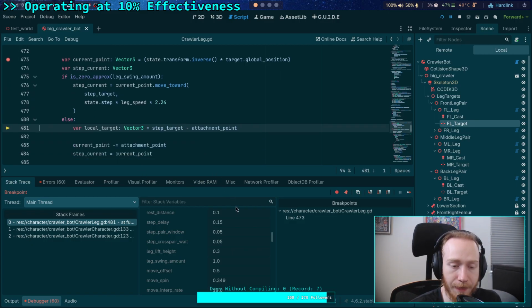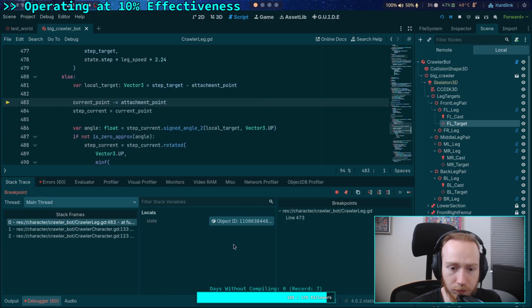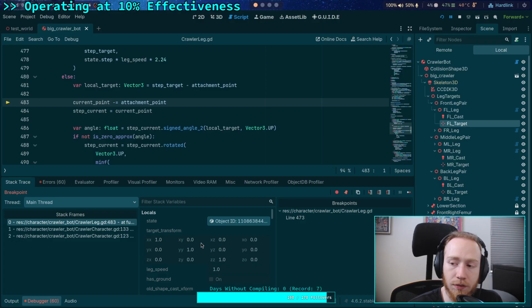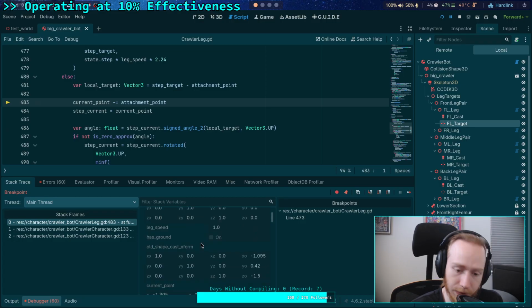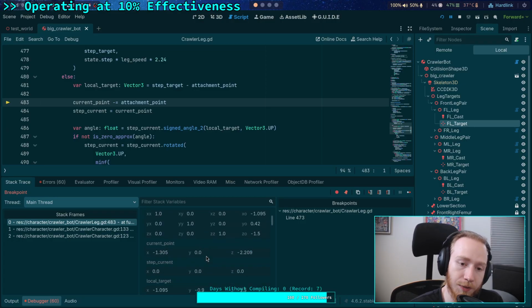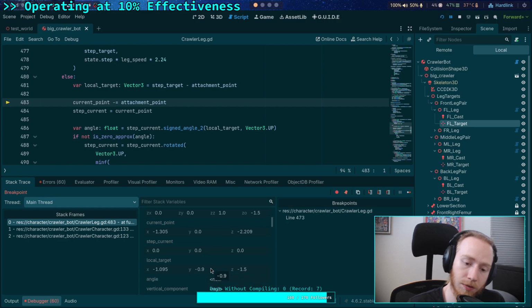Okay. So now local target is relative to the attachment point.